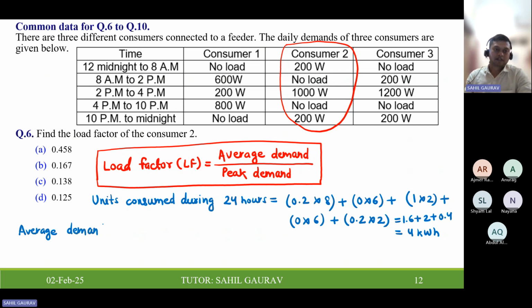Average demand will be units consumed upon time in hours. The units consumed is 4 kilowatt hour, while the time is given as 24 hours. So it will give you 0.167 kilowatt.